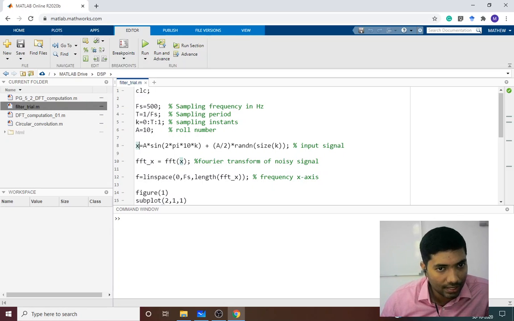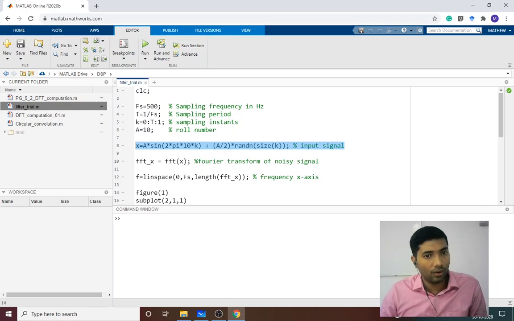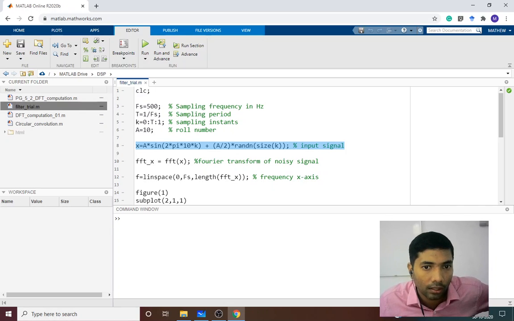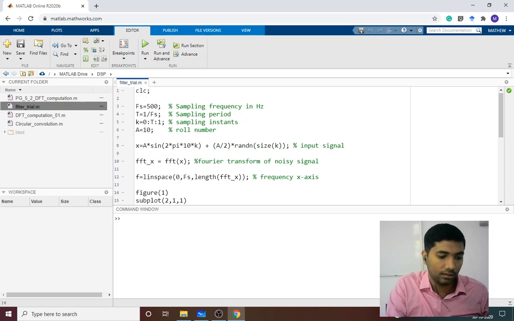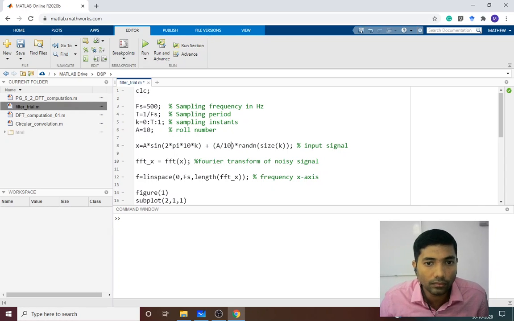Now I am defining the signal x. In this line I have defined the signal as x of k is equal to A sine 2 pi 10 k plus A by 10 times a random signal. Here A is 10, and the frequency of the signal I have taken as 10 hertz.